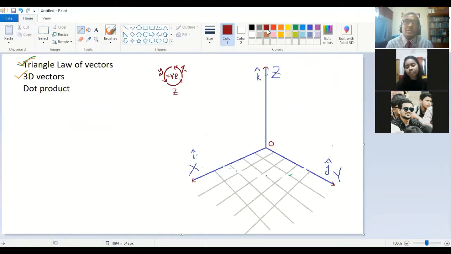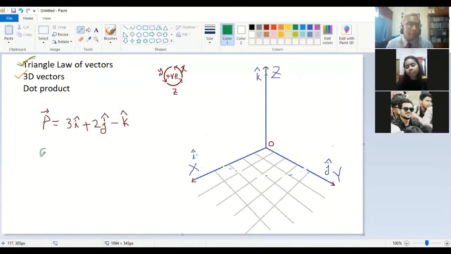Say one example is the p vector, and the p vector has i, j, k, three things. Let us have one example like 3i plus 2j minus k. So this is one example vector, which is p. If I draw this, then you can imagine how the drawing will be.